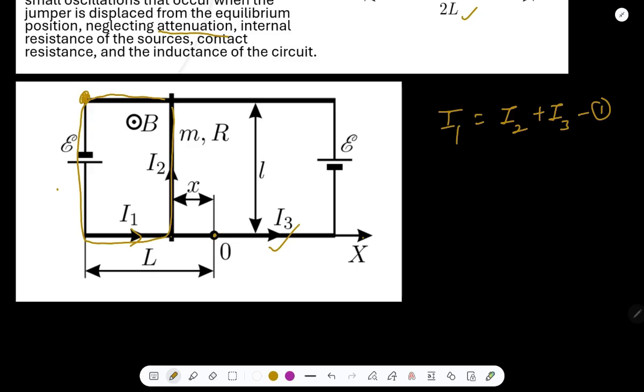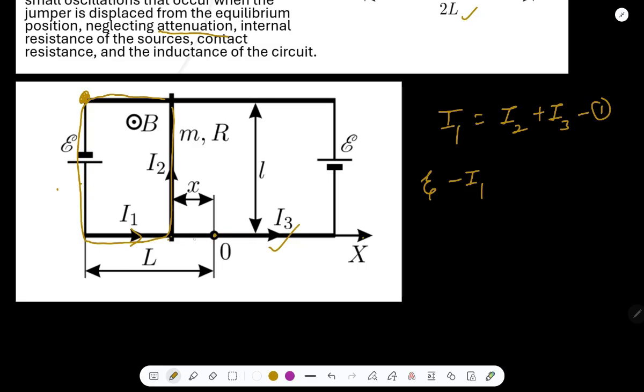In this loop, if we move from here to here, we get a potential jump of xi, and then we move from here to here and we lose some potential difference in terms of IR, and that will be minus I1, because we are losing the potential.